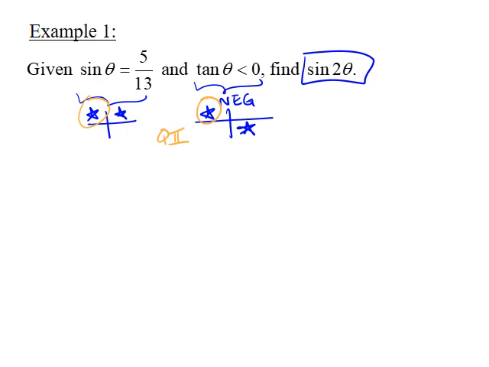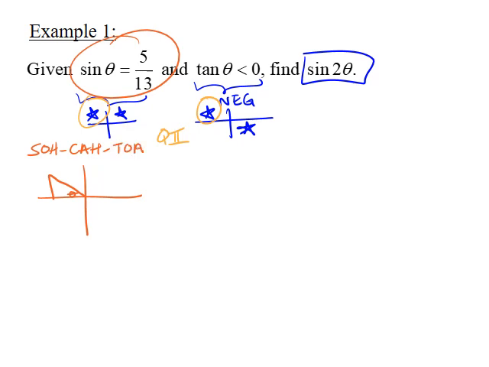So I'm going to use this given information and draw a triangle in quadrant 2. This will be theta. We're just going to use a little bit of SOHCAHTOA. We are given sine, so the opposite is 5 and the hypotenuse is 13.